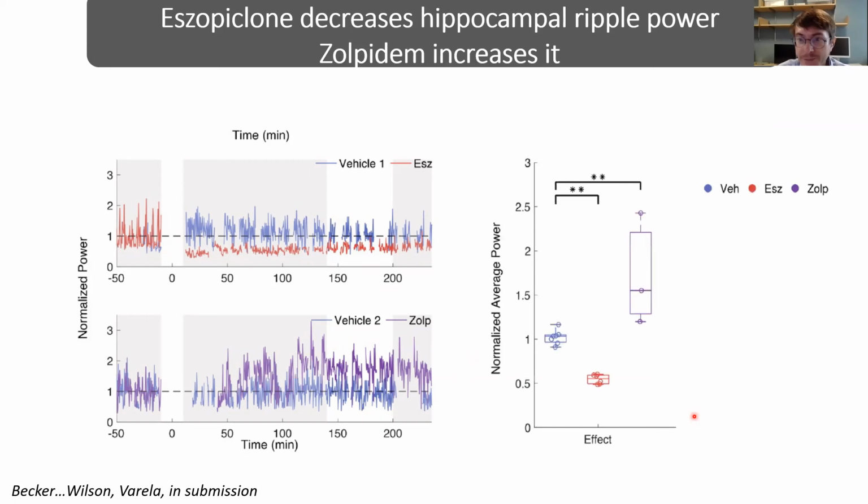Averaging over all of this, with just the vehicle normalized to 1, eszopiclone gives a decrease and zolpidem gives an increase. So we initially were using eszopiclone. Now, based on these studies, we're doing a clinical trial using zolpidem, which hopefully will increase the coupling of these oscillations and also increase those ripples to improve memory. That's an ongoing study that we're recruiting and running right now.